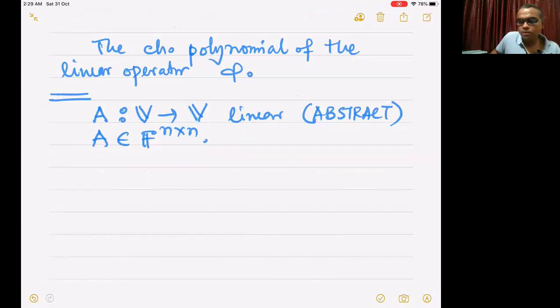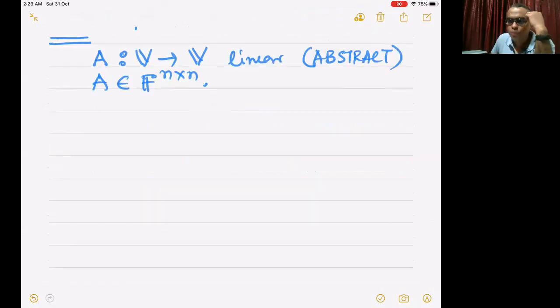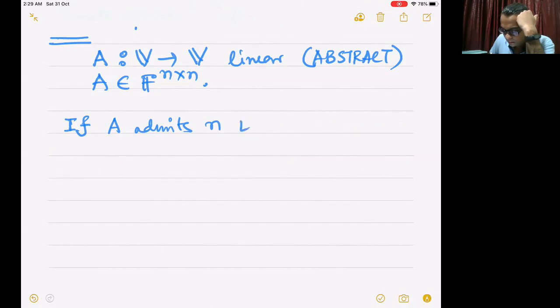Now we come to our original question. We know that if A admits n linearly independent eigenvectors, n being the dimension of the vector space V, then A diagonalizes.